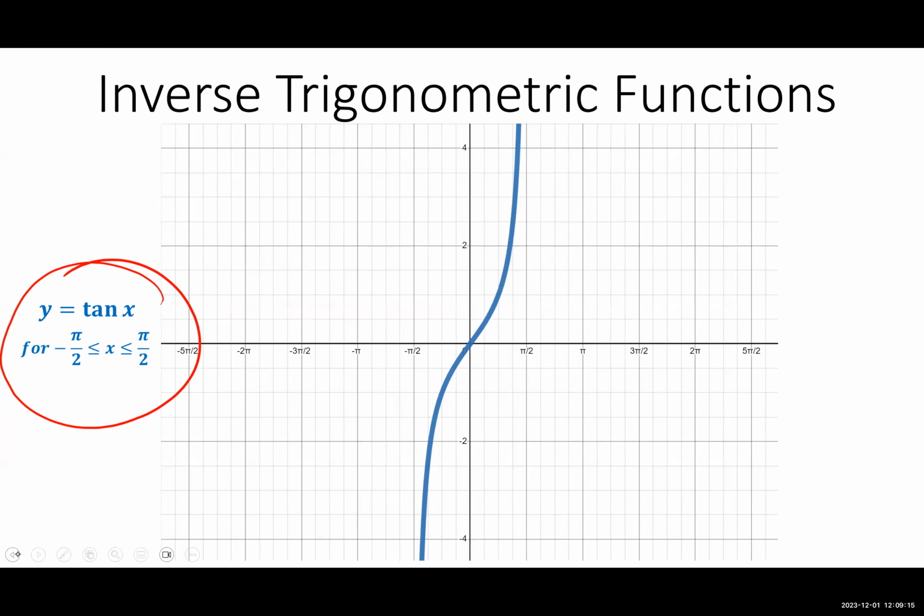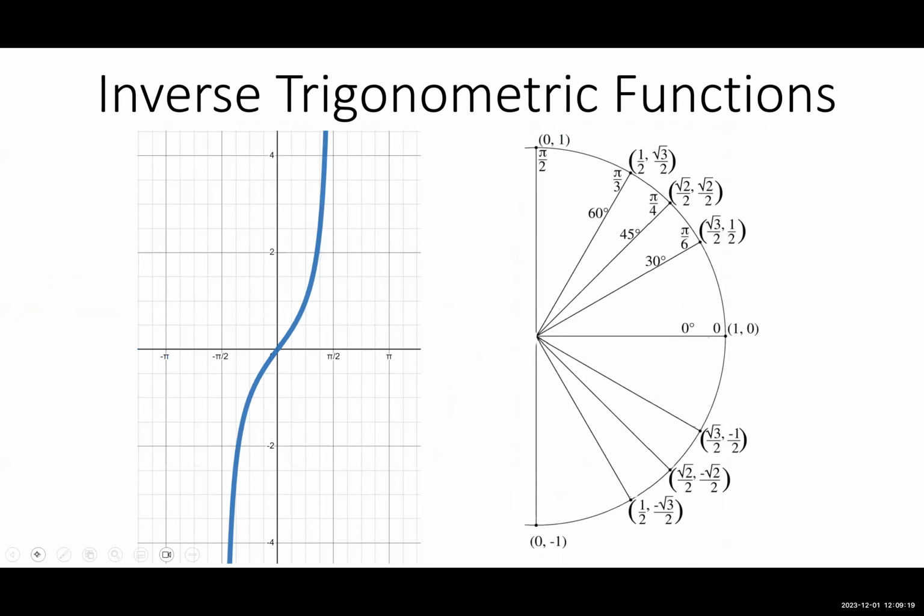So when it comes down to evaluating inverse trig functions, we just have to make sure we're using the right part, right? We're only taking part of the graph, and we're only going to use part of the unit circle.